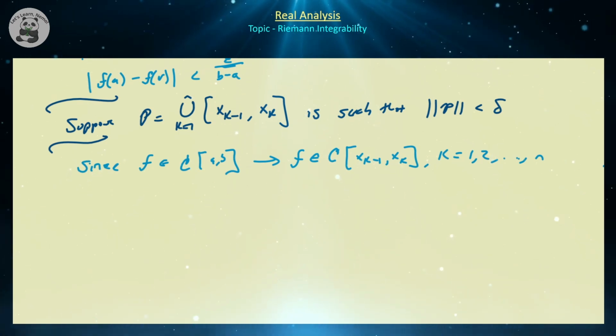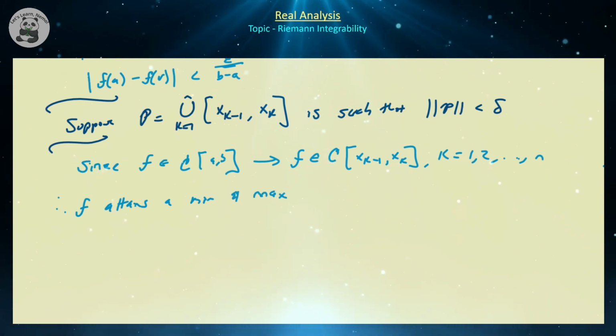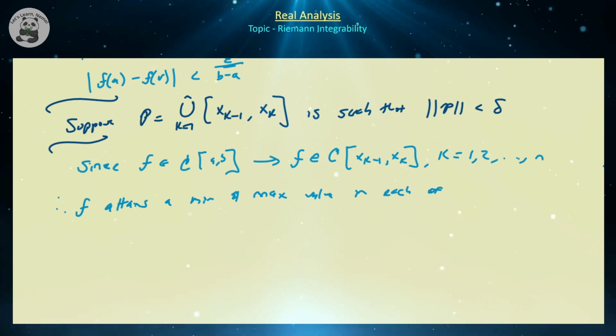Okay? So if it's continuous on a bunch of closed and bounded intervals, we've also proved in the past that f attains a minimal and also maximal value in each of those intervals I_k.